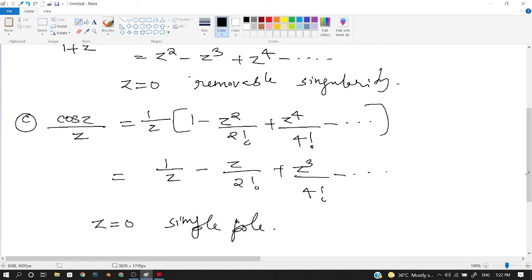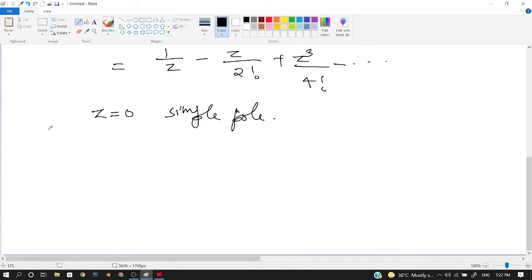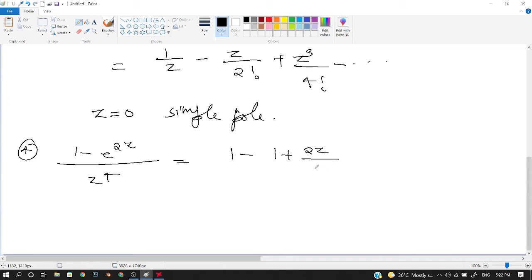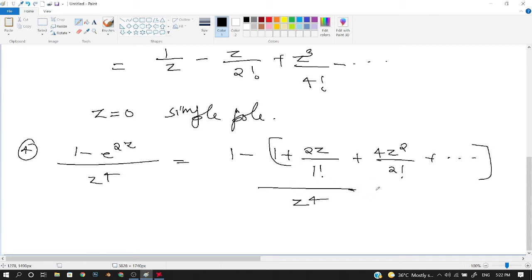Okay. Now let us consider one more example. 1 minus e raised to 2z divided by z raised to 4. So we can expand this: 1 minus the expansion of e raised to 2z, plus etc., then the whole divided by z raised to 4.